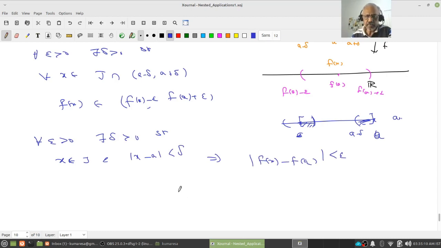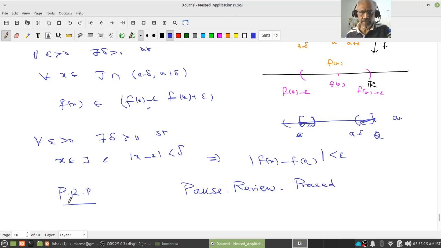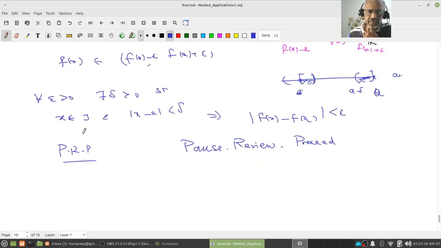Please pause just to recall this, if you are learning analysis just now. It is always worth going through the definition once over, and remember the first definition I wrote somewhat geometric, that will be very useful, though we should also be very comfortable with inequality.